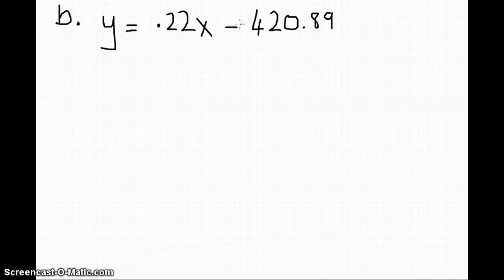We're still on 917. If the equation is y equals 0.22x minus 420.89, they're asking what the population would be in year 2020. Again, the x represents the time. If we look back at the graph, you'll see that the time is the x-axis. So if I plug 2020 here, what would I get?